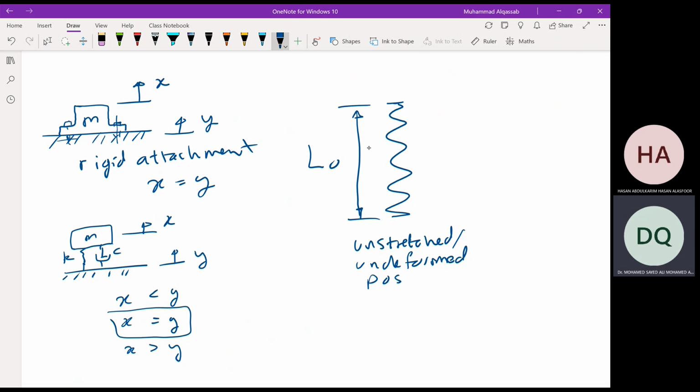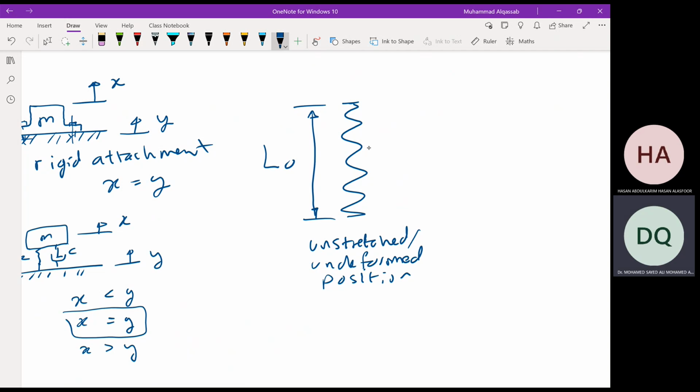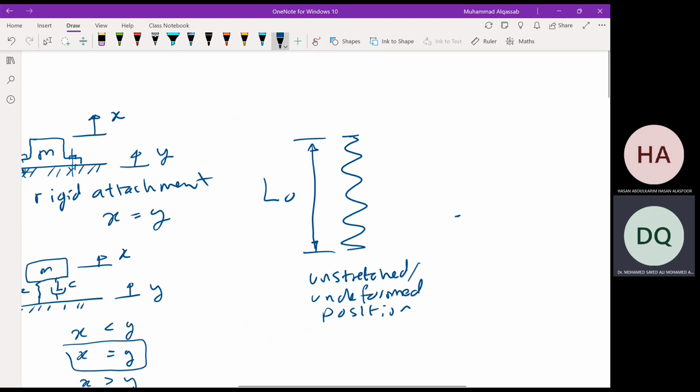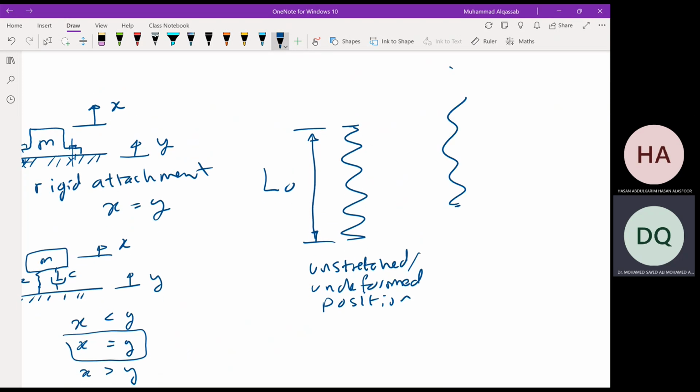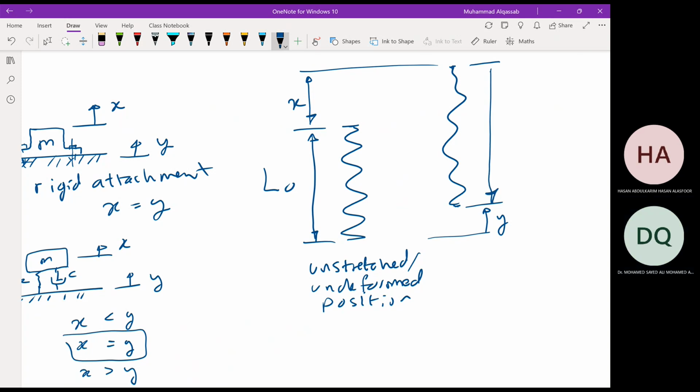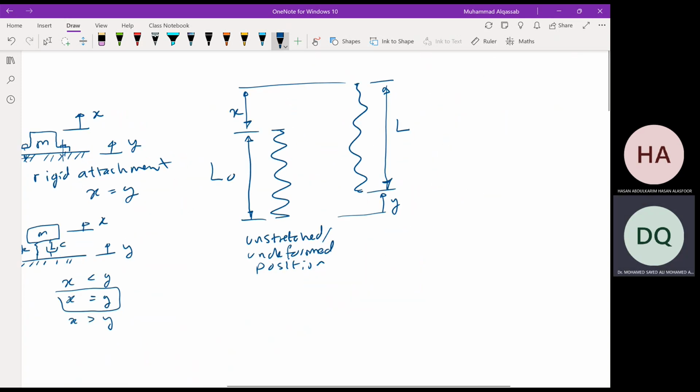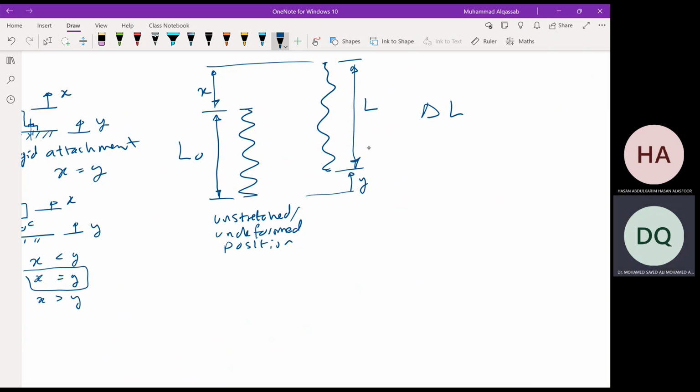Then if the lower end is moving with Y, this point will come here, and the upper end is moving with X, so it will come here, assuming that X is greater than Y. So this point is moving with Y, and this point is moving with X. Then the new length of the spring is L. So the change in length, delta L, is L minus L0.